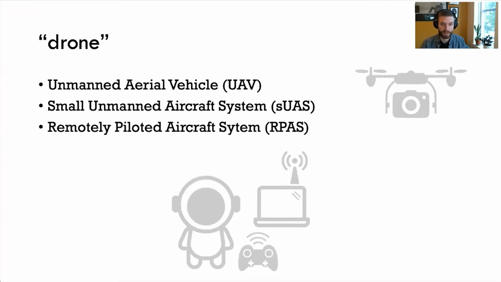But in recent years, it's become used more commonly to refer to the equipment that people use for photography, surveying, and other purposes. Other more technical terms that you might see include unmanned aerial vehicle, UAV, small unmanned aircraft system, SUAS, and remotely piloted aircraft system, RPAS.